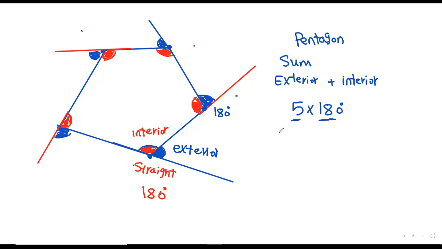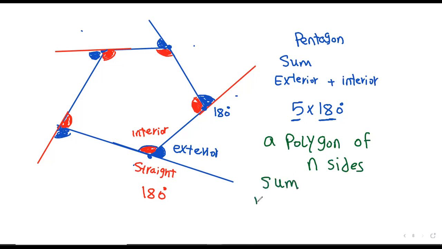What if I'm talking about a polygon of n sides, and I asked you to find the sum of interior and exterior angles? Because I don't know the number of sides, it's n.